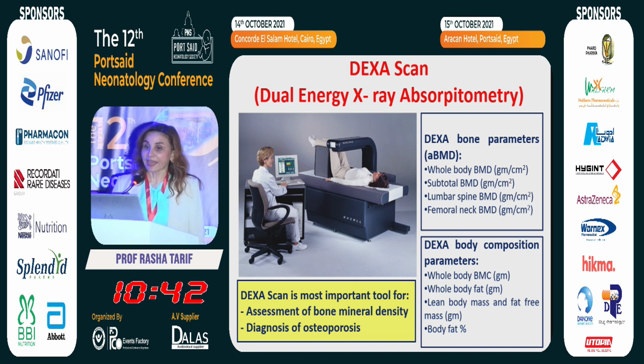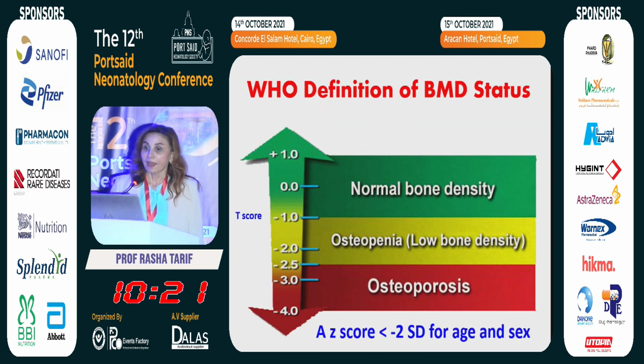Let me tell you that the Dexa scan, which is the dual energy X-ray absorptiometry, is the gold standard tool for assessment of bone mineral density. It diagnoses osteoporosis, and in the report, you're going to see the bone parameters and the body composition parameters. And this is the WHO definition for the bone mineral density status.